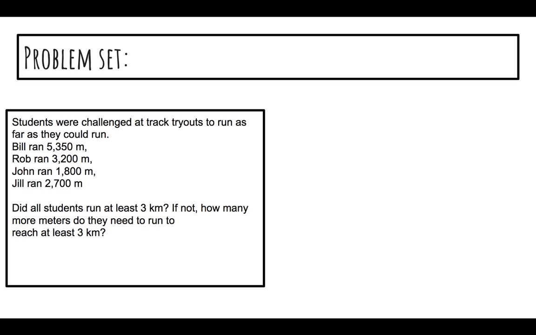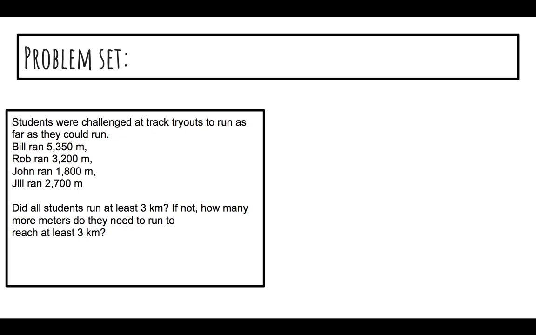John ran 1,800 meters. Jill ran 2,700 meters. Did all the students run at least 3 kilometers? If not, how many more meters do they need to run to reach at least 3 kilometers?